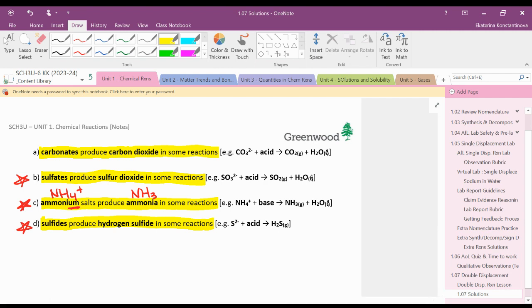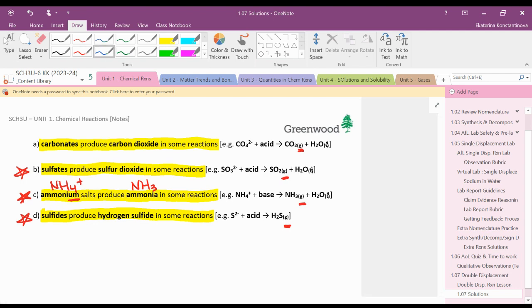Okay, look at the examples on the side. Again, remember this is gas production. So this is where you're seeing a gas being produced in this double displacement reaction. You'll see I've added that the carbonate would react with an acid to produce carbon dioxide and water, because we need that hydrogen from the acid, right? Your acid is some sort of hydrogen ion attached to an anion, if you recall from last year.